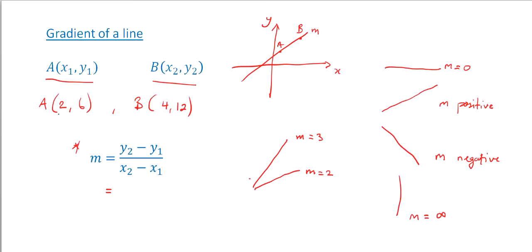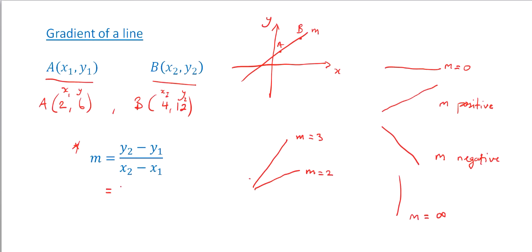So we can choose any one of the points and call it x1 or x2. So let's say I use A. Let's call this x1 and call this y1, and call this x2 and call this y2. So what you can do when you have the coordinates, just put a quick label on top of the coordinates so you don't get confused.